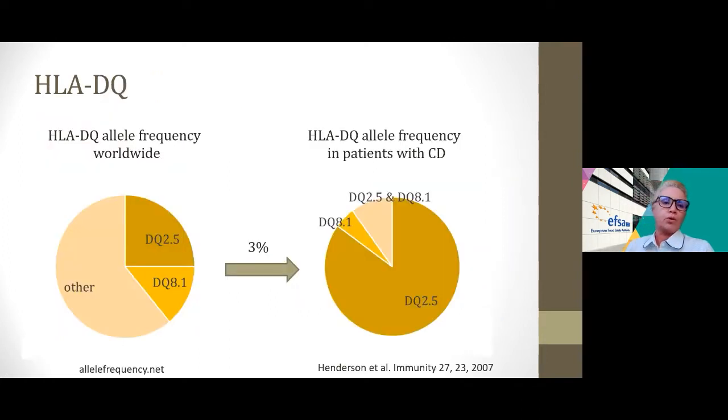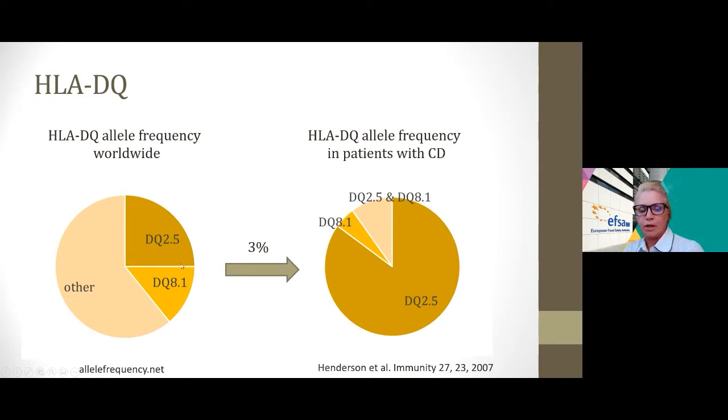Among the DQ alleles, the allele DQ 2.5 is available in 25% of the human population. DQ 8.1 is available in 14% of the human population. Among these people, only 3% develop celiac disease.